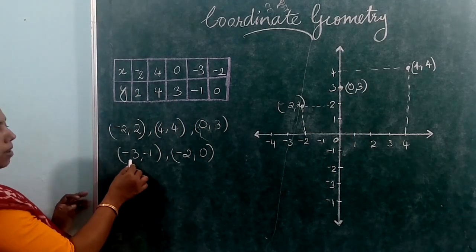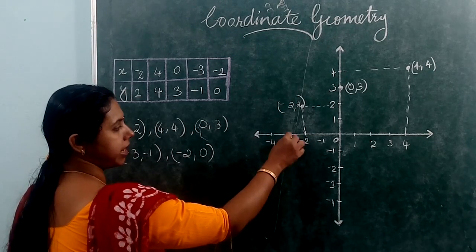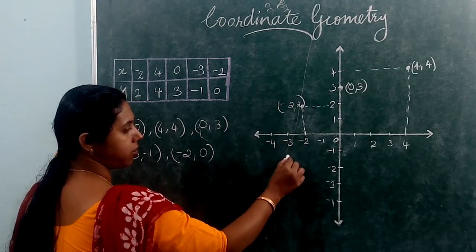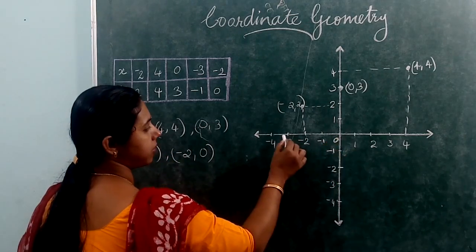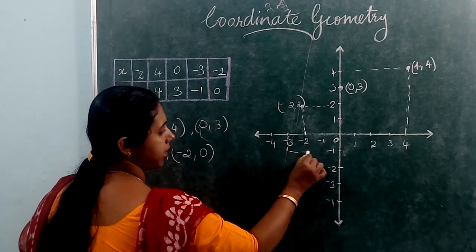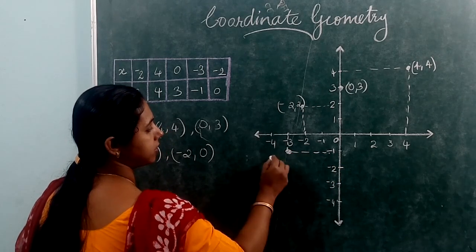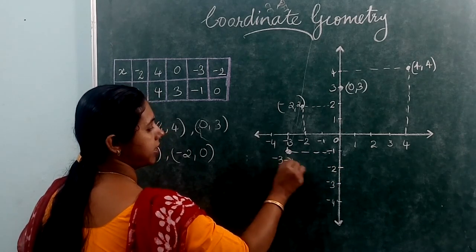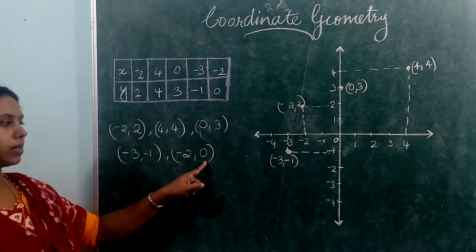Now (-3, -1). The x coordinate is -3, the y coordinate is -1. The point is this, (-3, -1). Next, (-2, 0).